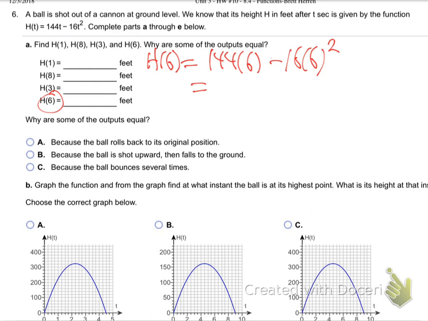Okay, let me see, we get 864 minus 576. 288. There we go.